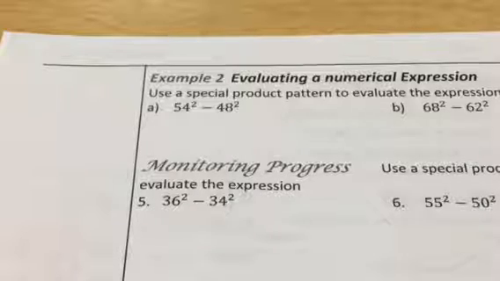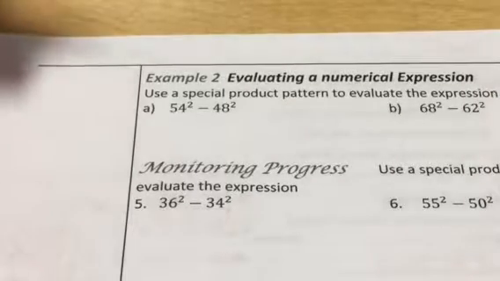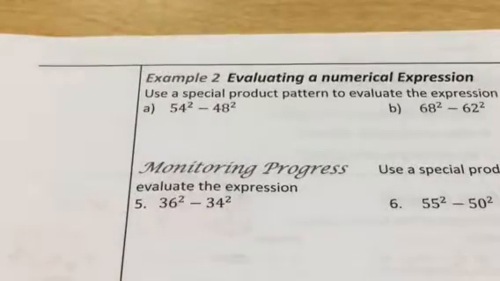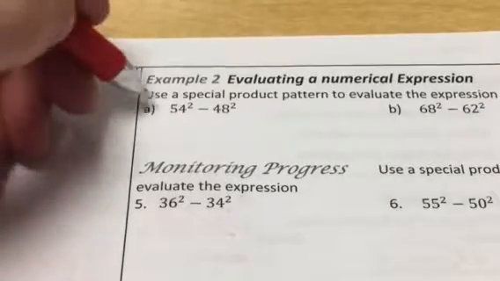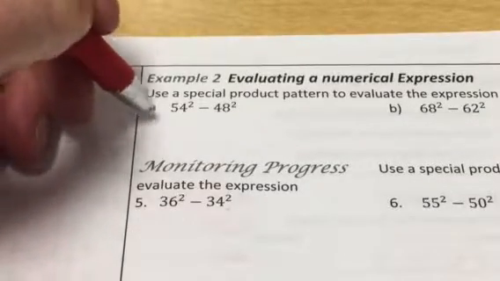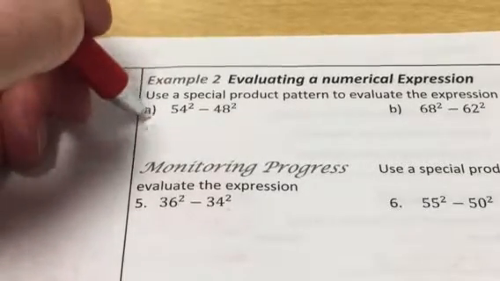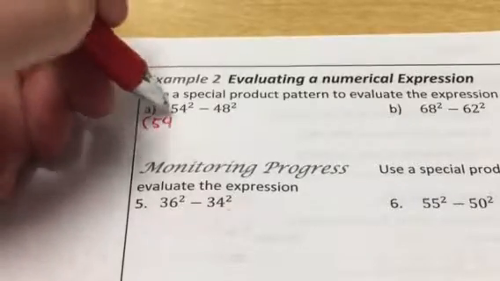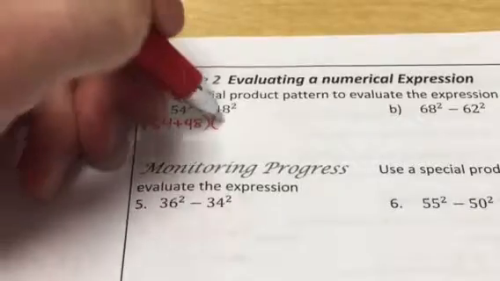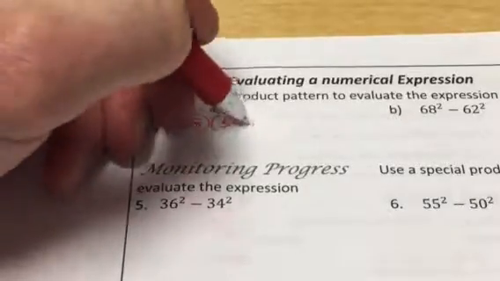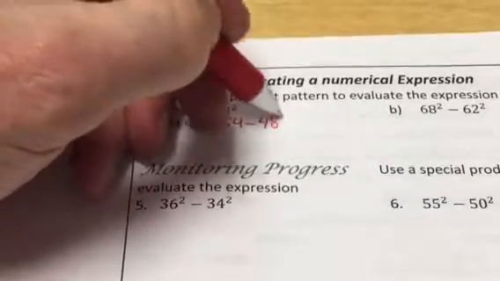So what we're going to do here is we're going to use this difference of squares pattern to make it easier to do some arithmetic. So we have 54 squared minus 48 squared, which could be written as 54 plus 48 times 54 minus 48.